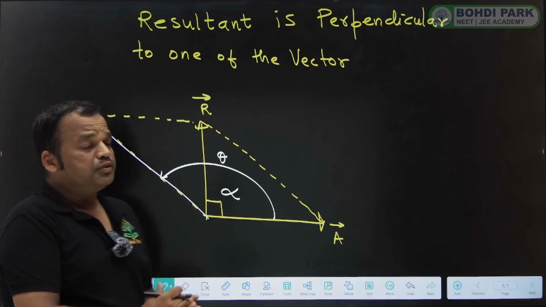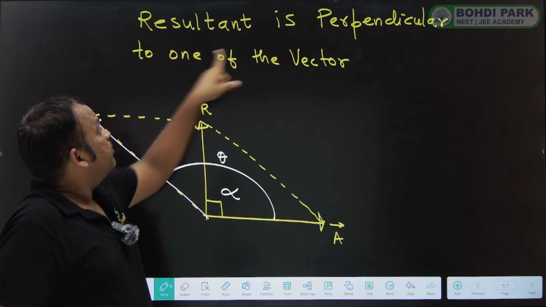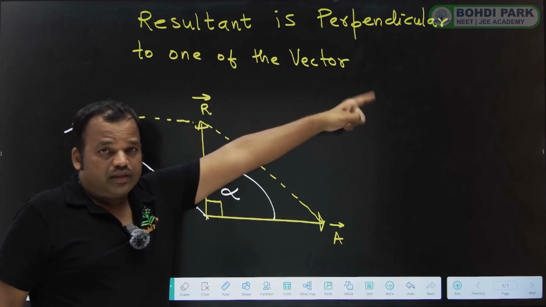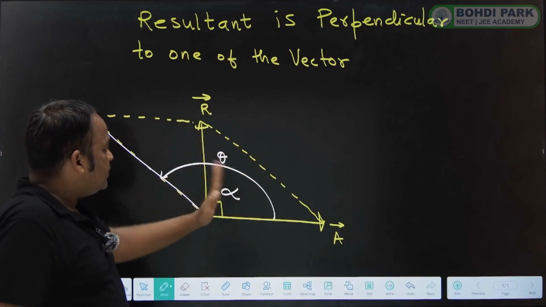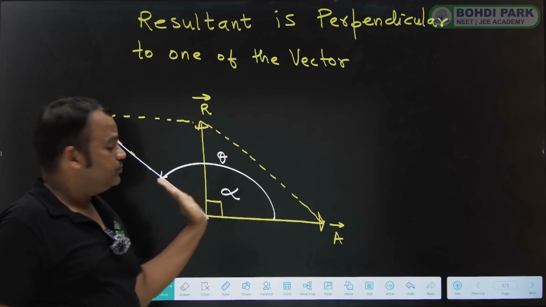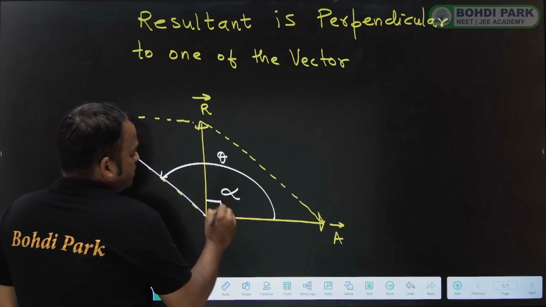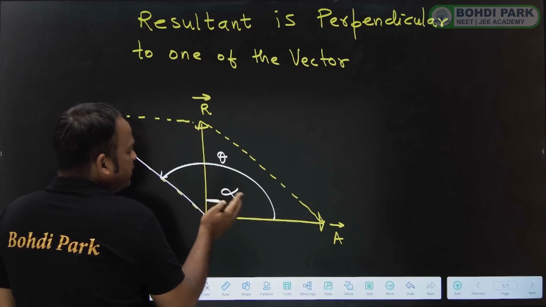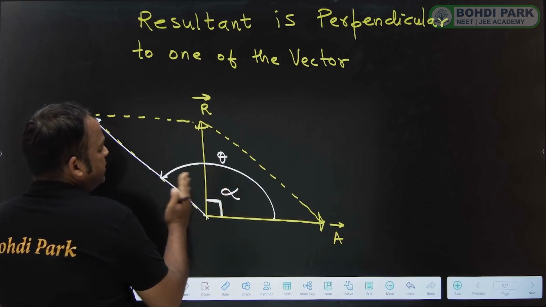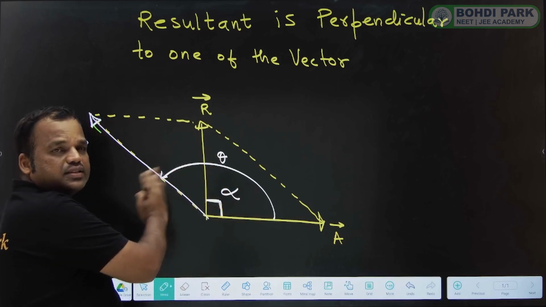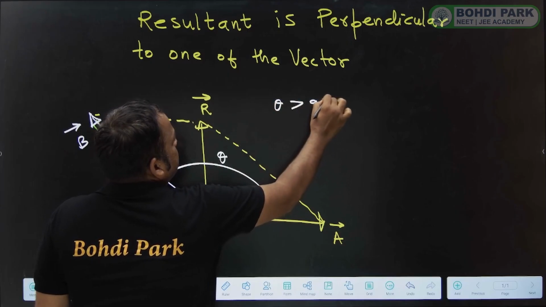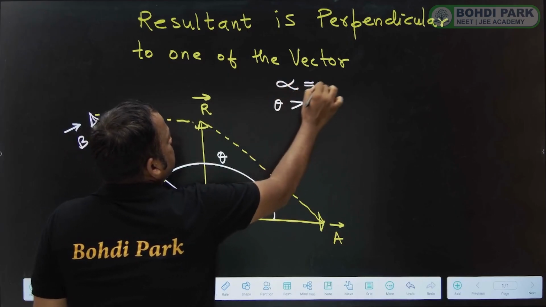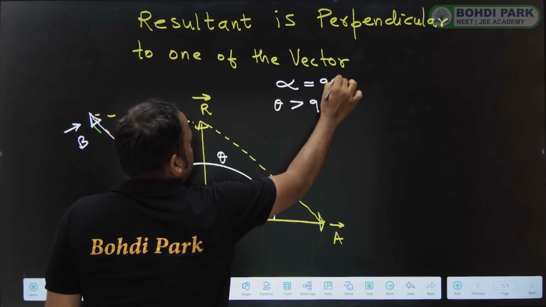Now you can observe that when the resultant is perpendicular to one of the vectors, the angle theta is more than 90, because alpha is 90 and theta is more than 90. Clearly we can see in this diagram: theta is greater than 90 degrees and alpha is equal to 90 degrees.